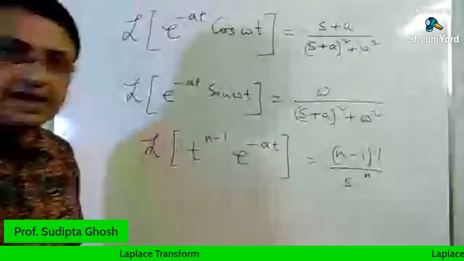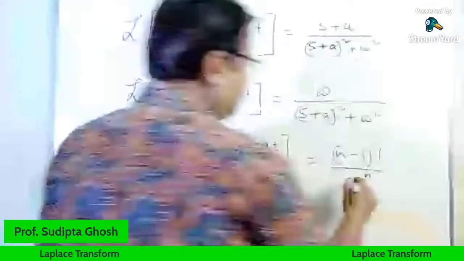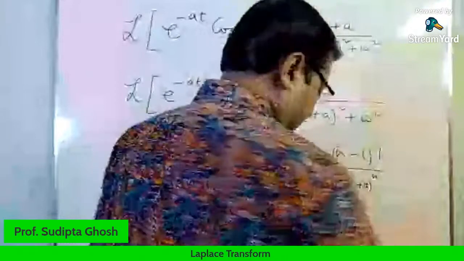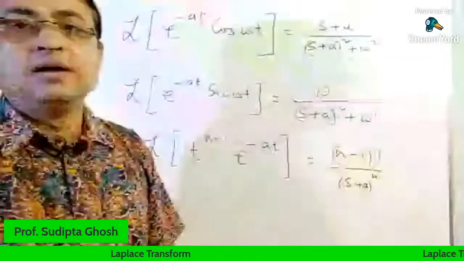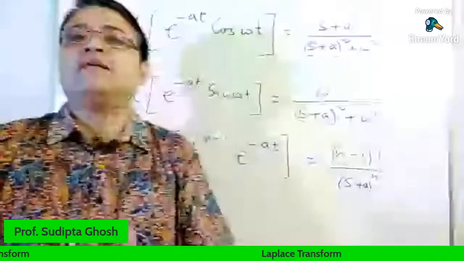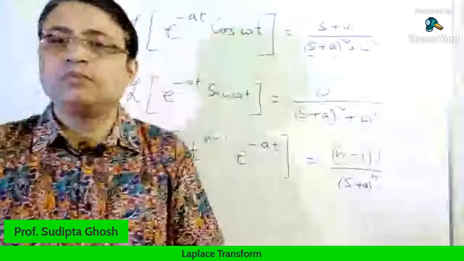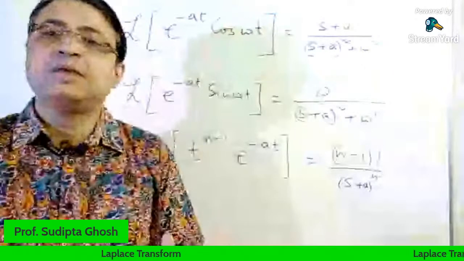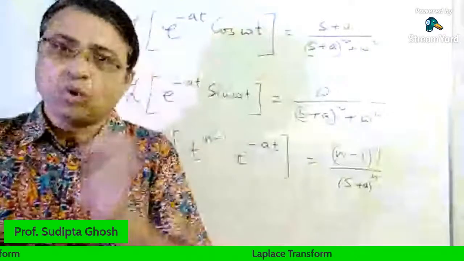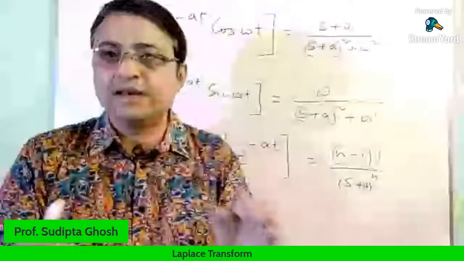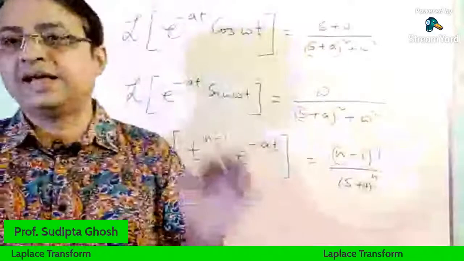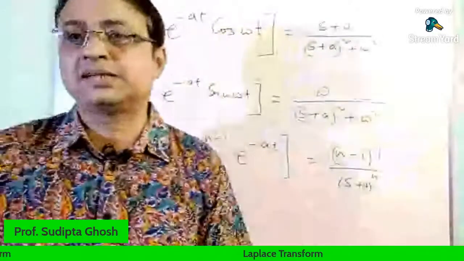So here actually it will be s plus a whole to the power n, nothing else. The numerator remains the same, because there was no s related term. Wherever you find s, you have to put s plus a instead of s.